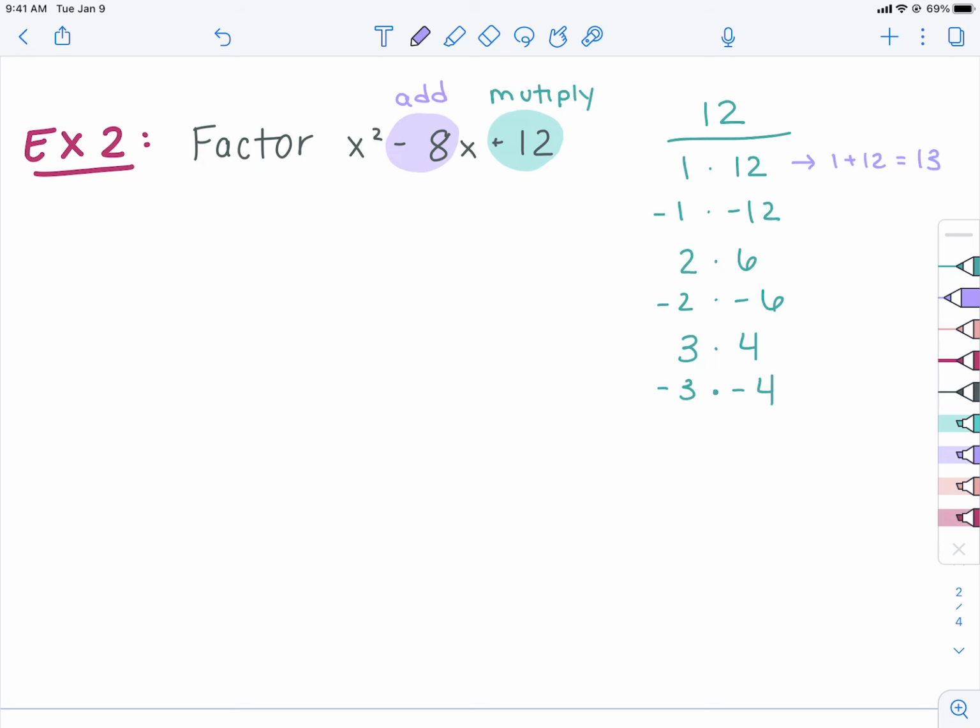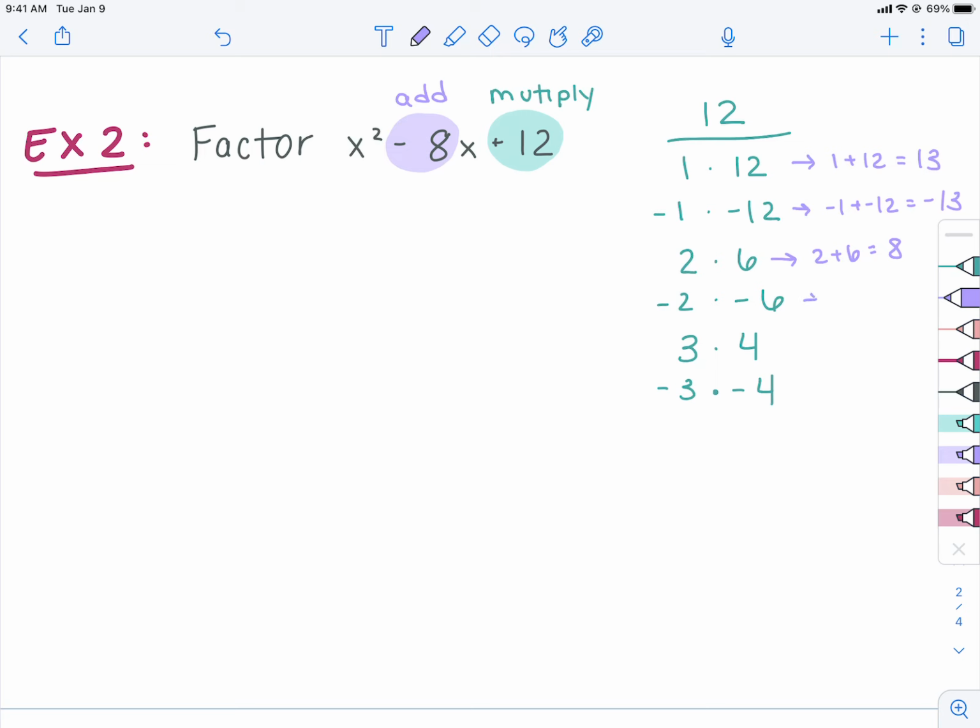Not going to work. If I do negative 1 plus negative 12, I get negative 13. Still not what I'm looking for. 2 plus 6 gives me 8. Well, I'm getting closer, but I need a negative 8.